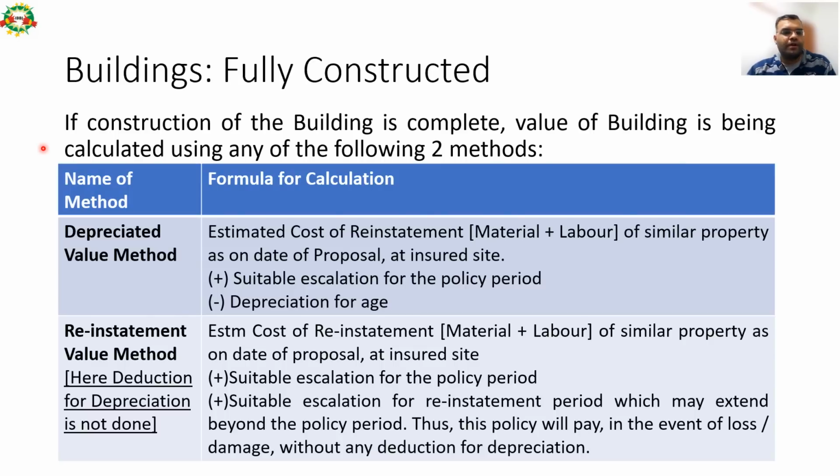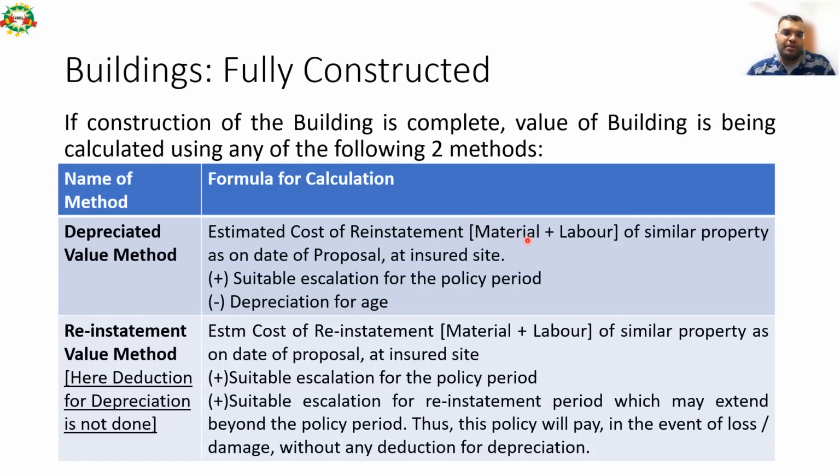In case of buildings which are fully constructed, the sum insured can be calculated with the help of either of these two methods. The first method is the depreciated value method. Here the estimated cost of reinstatement, material plus labor, of a similar property as on the date of proposal at the insured site is calculated.